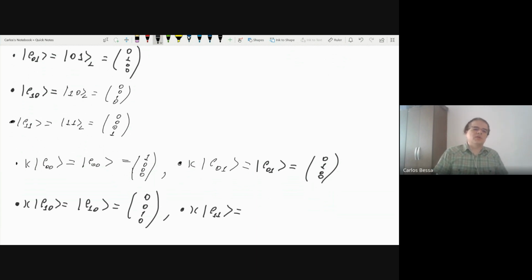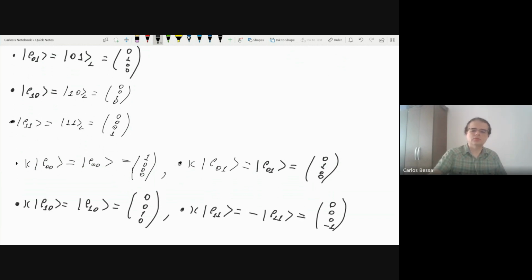That's when K is applied to this state, 1, 1. It's the only one that is different when chi L is equal to pi. We saw that this is 1, 1, which is the same, let's write this 0, 0, 0, and minus 1.